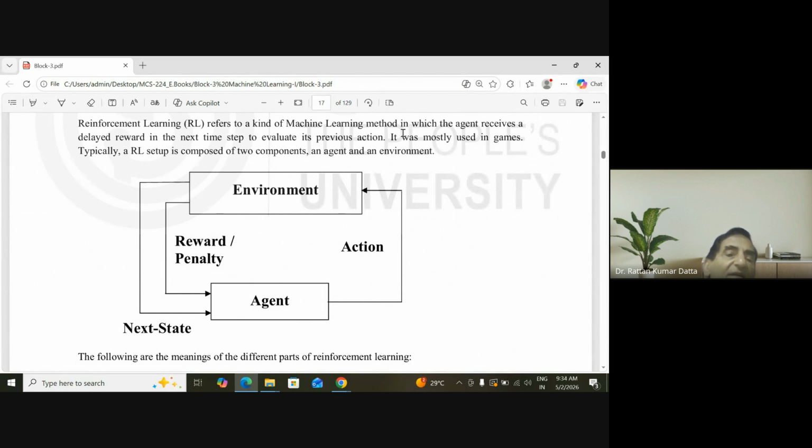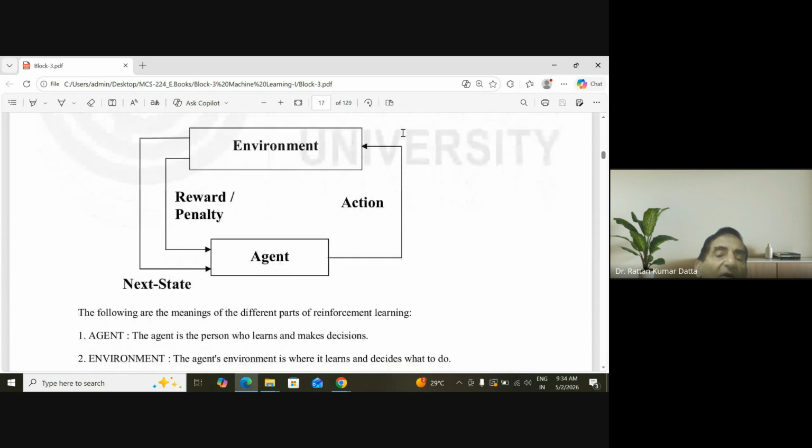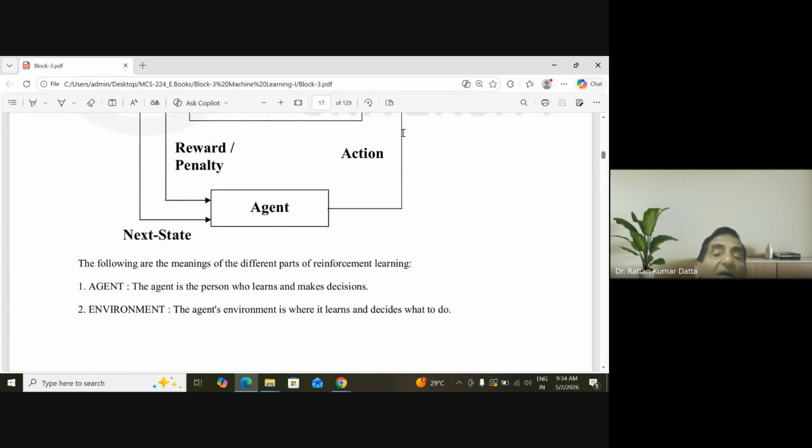The agent is the one who learns and makes decisions. The environment is not necessarily a person, it can also be part of the tools. The agent's environment is where it learns and decides what to do.